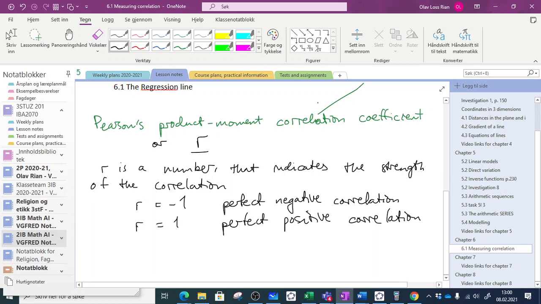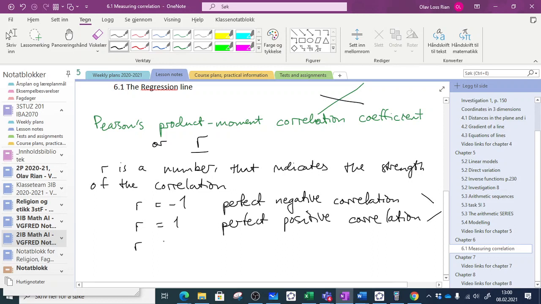It only means that the line goes downwards rather than up. So it looks like this, whereas positive correlation looks like that. And it doesn't really have anything to do with the tilt or the slant of the line either. But it's about how spread out the data points are.